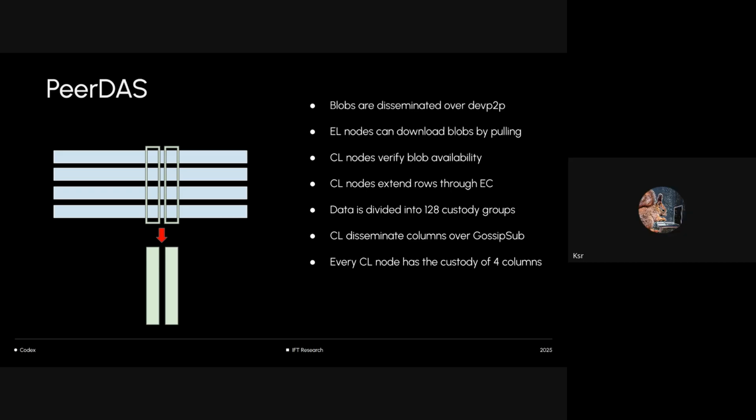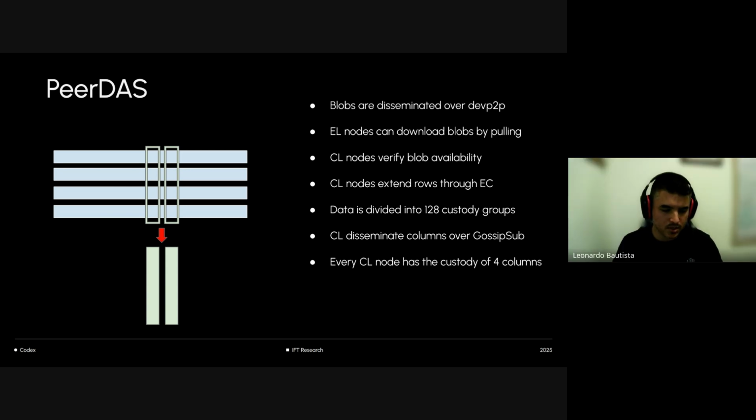And how do you actually request that specific data? Is this a separate protocol, something like a request-response protocol? I'm just wondering how you put this on top of Gossip Sub. Yes, it's a request-response. There are two.